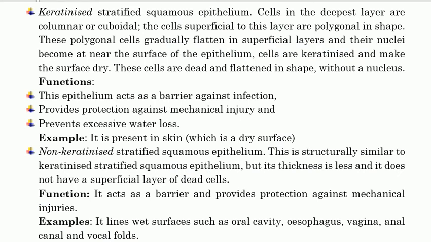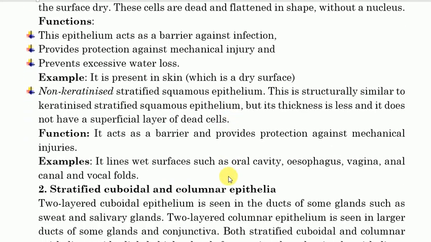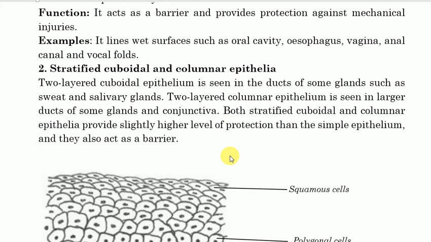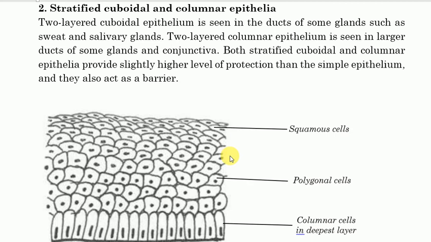In terms of function, the non-keratinized acts as a barrier and provides protection against mechanical injury. Example, it lies in wet surfaces such as oral cavity, esophagus, vagina, anal canal, pamoja na vocal cords. Ya pili tuna stratified cuboidal.